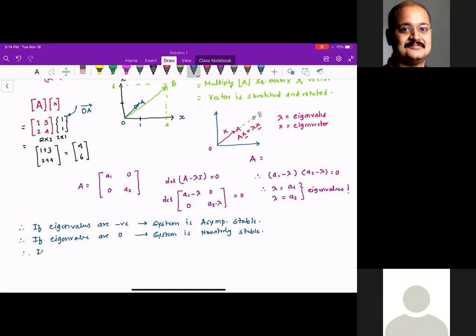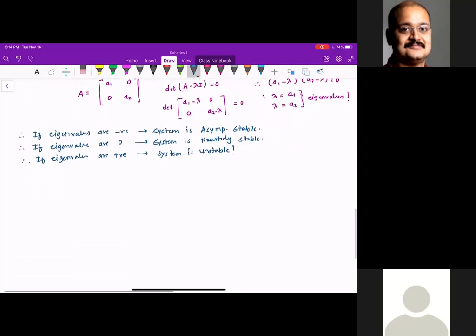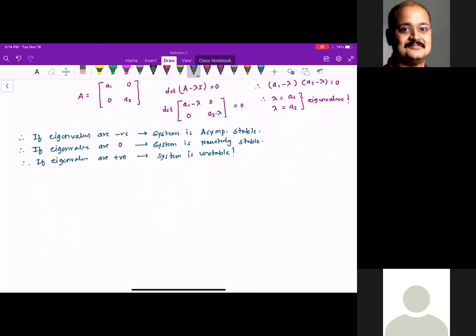If eigenvalues are positive, system is unstable. So now what I want to do is I want to actually take a very simple example, and believe you me, this is the only thing that you should remember from your entire differential equation class.